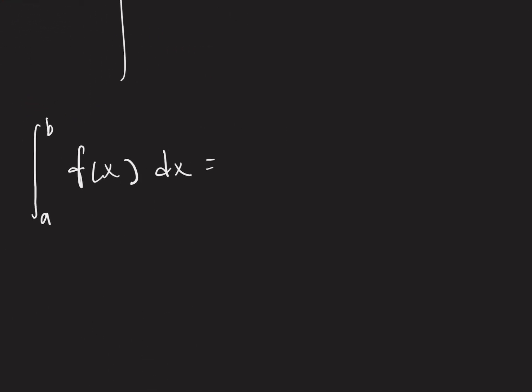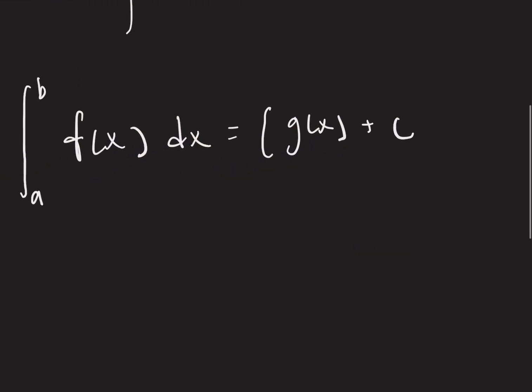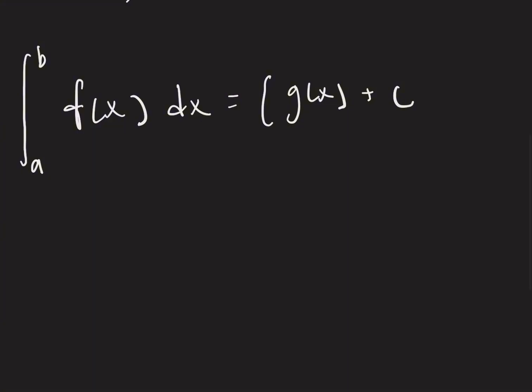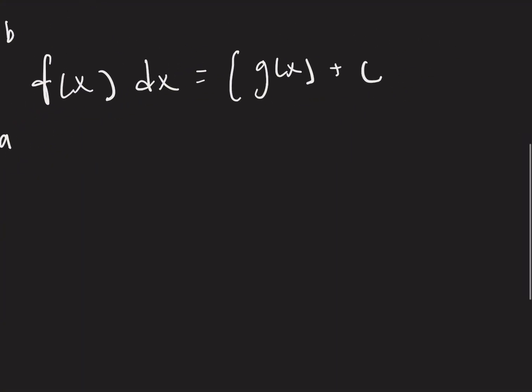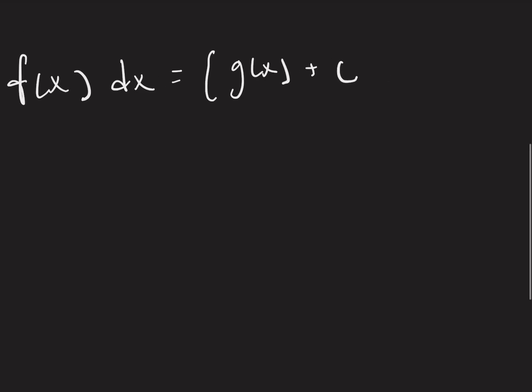Pretend it's a random integral. So you found it. So this is now a new function, right? From A to B. Oops, forgot the C. So always put a constant at the end of your antiderivative, because when you take the derivative of your antiderivative g of x plus c, it must equal f of x again.